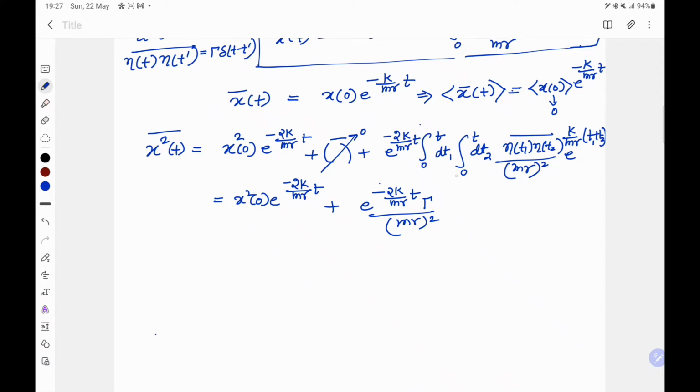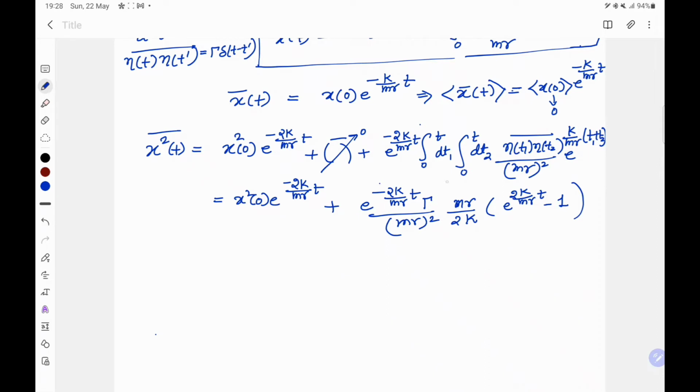If you do the integration, m gamma over 2 kappa actually, because when you substitute t1 equal to t2, this term will be 2 kappa, and e to the power 2 kappa over m gamma t minus 1.